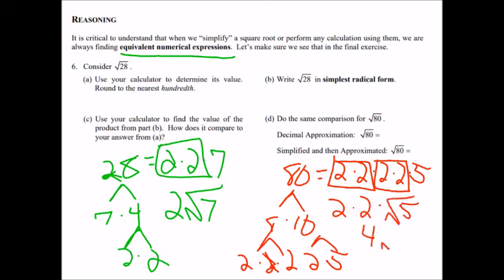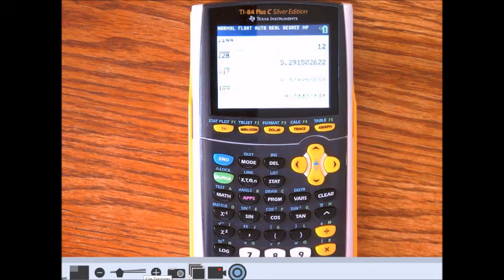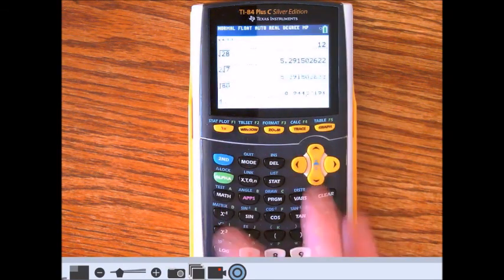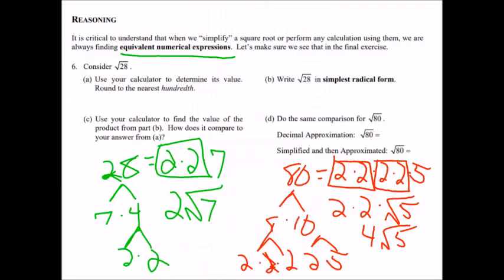So this is 4 radical 5. And just to, again, show you real quick on the calculator, if we do the square root of 80, we get 8.94-ish. If we do 4 radical 5 as our simplified radical expression, we get the exact same thing. Okay, so that is Unit 9, Lesson 1.